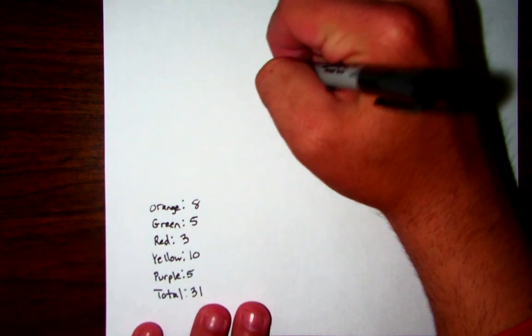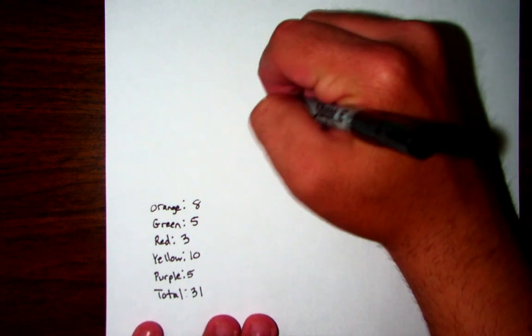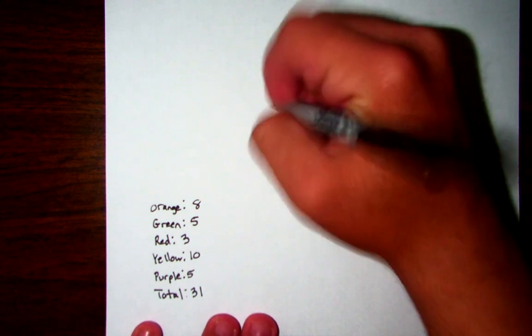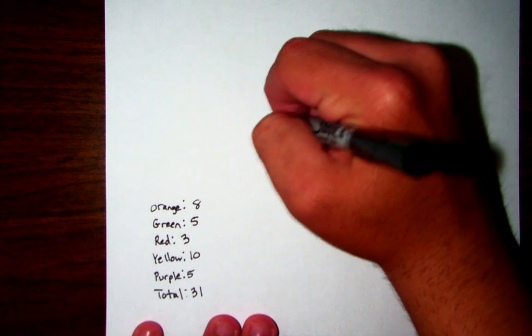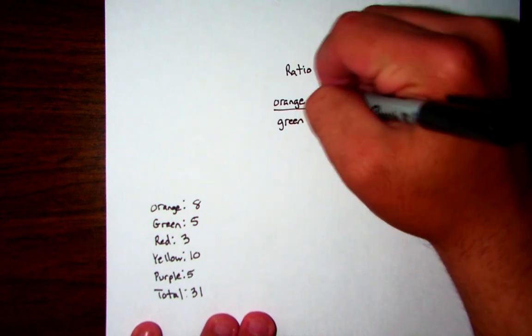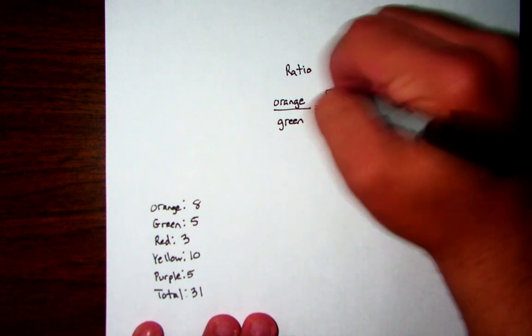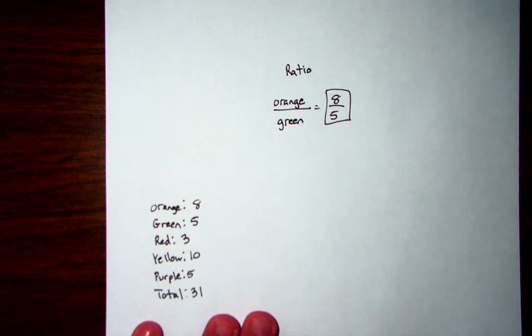Now let's say it wants me to write a ratio of orange to green. Well, how many orange do I have? I have 8. How many greens do I have? 5. You're done. That's a ratio.